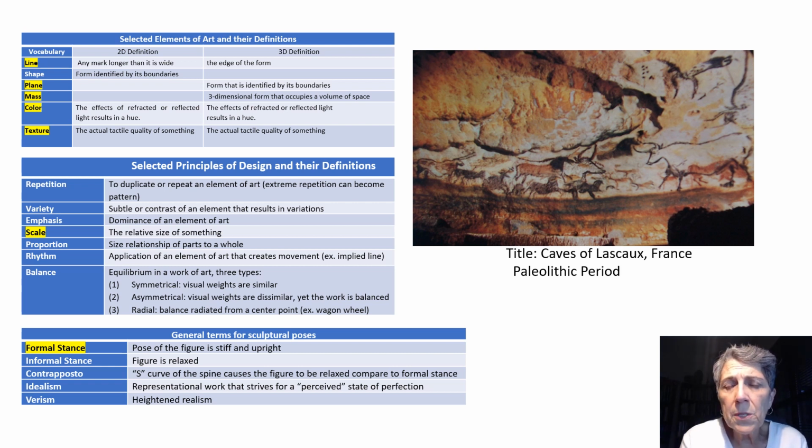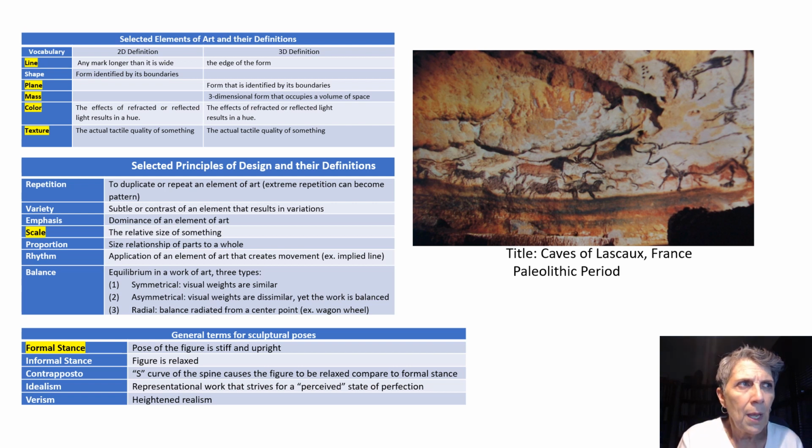Texture is used for both. In texture, a lot of different types of texture. Texture is the tactile quality of something, and it can be real, illusionary, or used in an expressive way. All these are expressive, by the way. All these elements are expressive. So when we look at the principles of design, the only one that you need to know right now is scale.